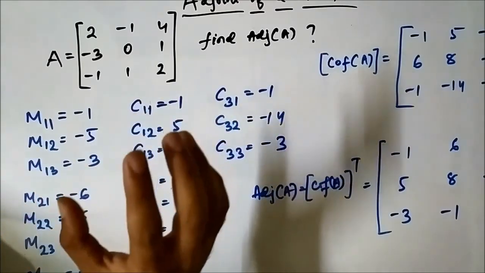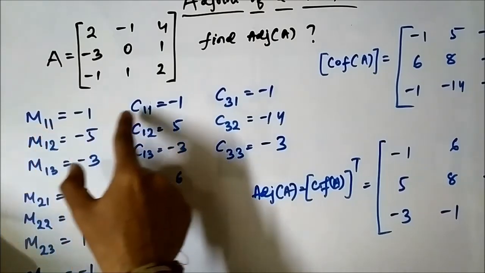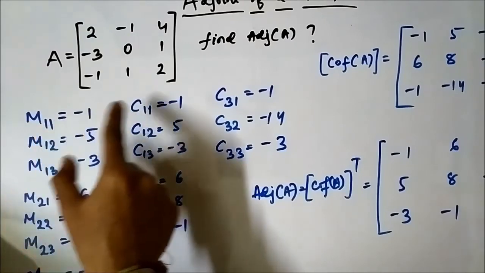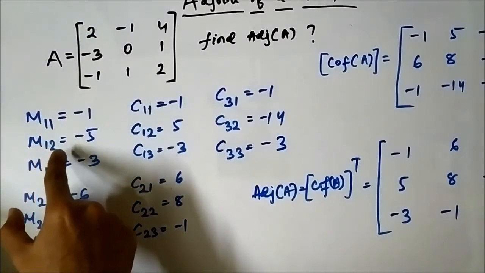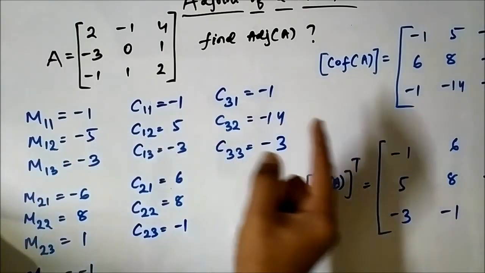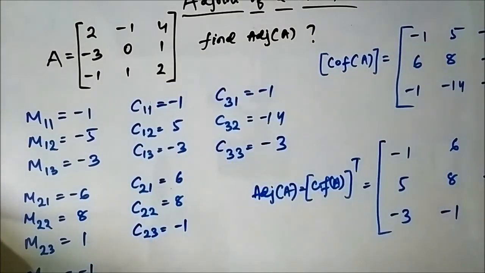So in the first case, M11, 1 plus 1 is 2, so cofactor and minor are the same, as the sum is even. But in the case of M12, 1 plus 2 is 3, which is odd, so the cofactor is 5, which is minus 1 into minus 5. So you can use this trick to quickly calculate the cofactors.